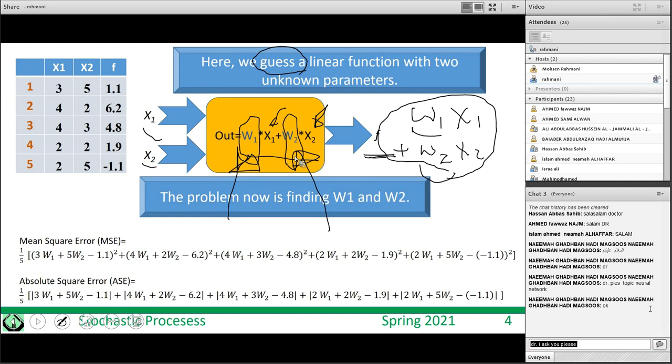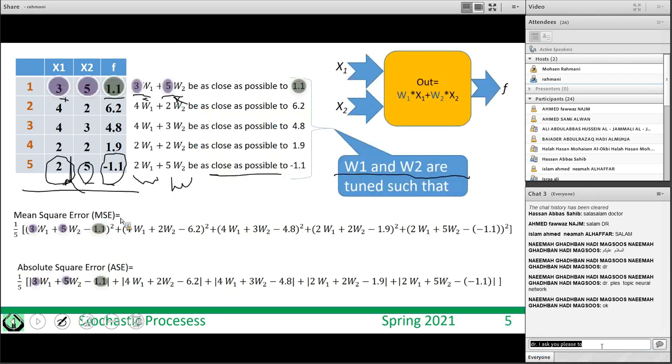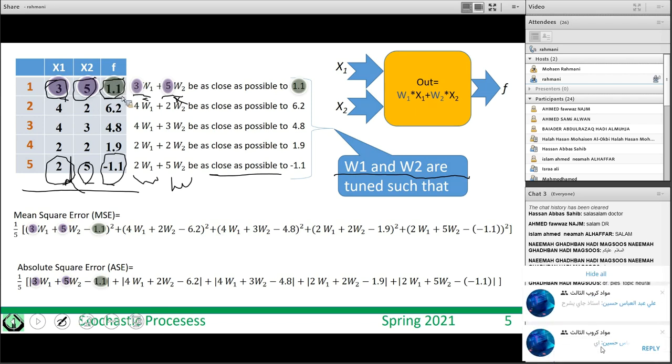Now we define the error formula. What is the meaning of this error here? If you have a look, I said that I want to find w1 and w2 such that 5 times w2 be close to 1.1.